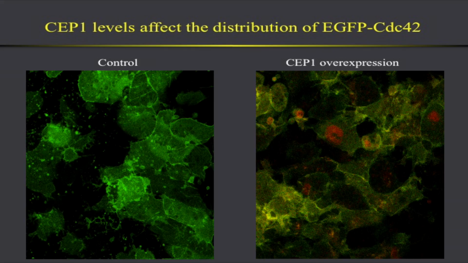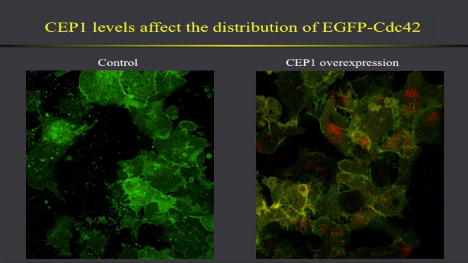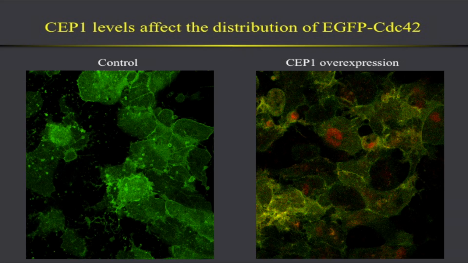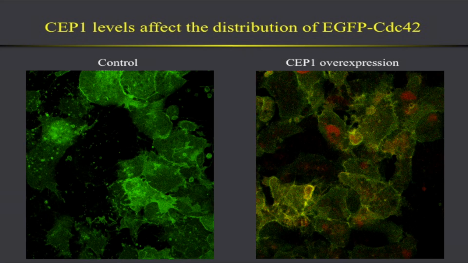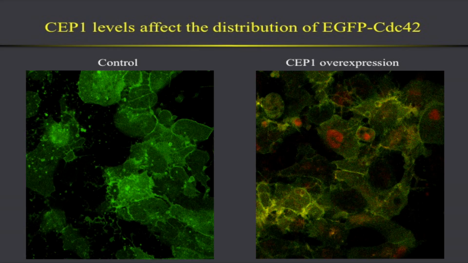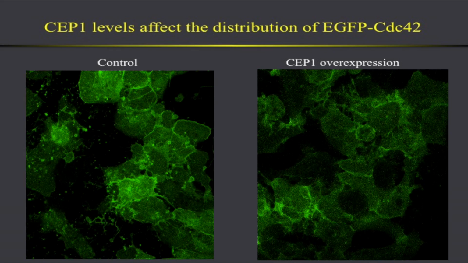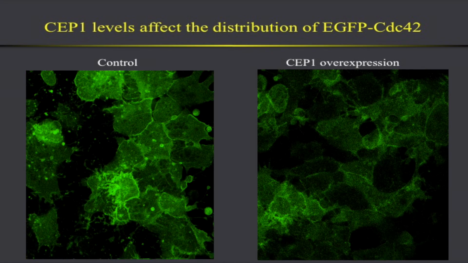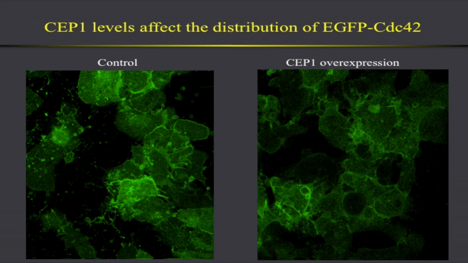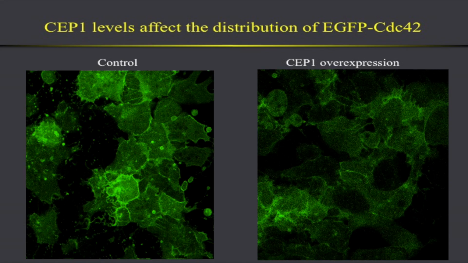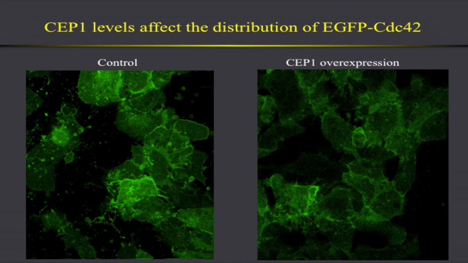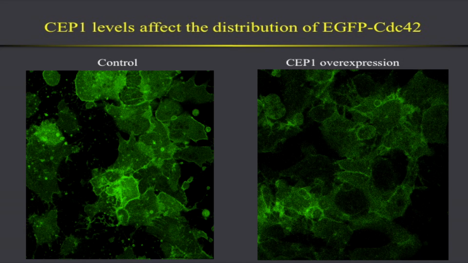When CEP1 is overexpressed in these cells, you see that Cdc42 is actually enriched all around the cell. You probably can see this better if I show the green channel alone. So you can see the cells form protrusions in all directions, and Cdc42 is enriched in all different directions of the cell as well.